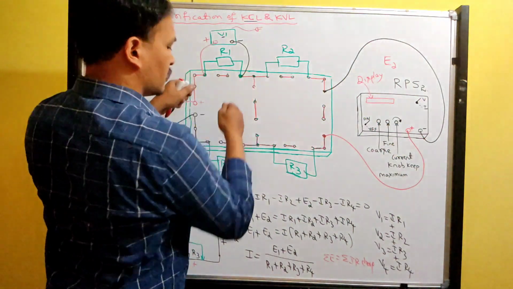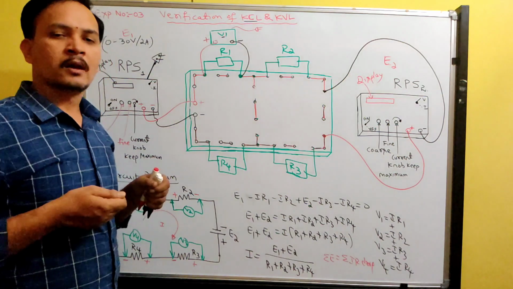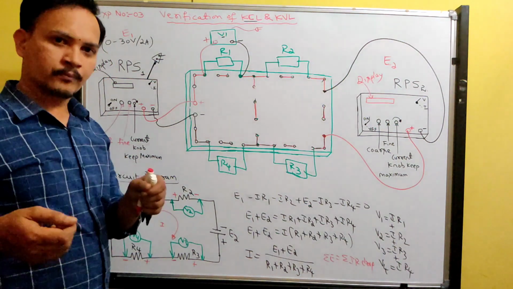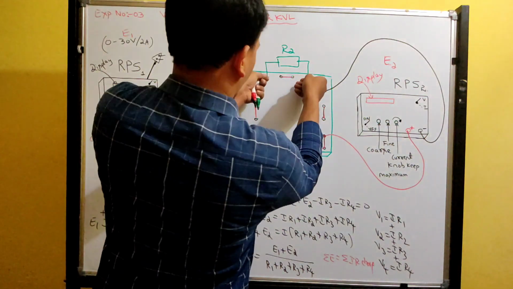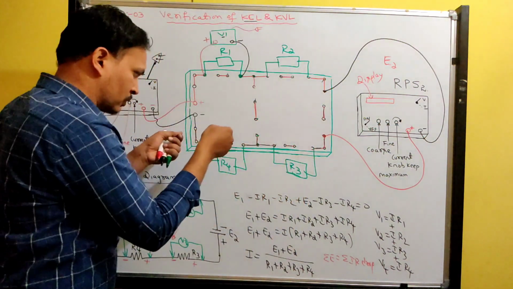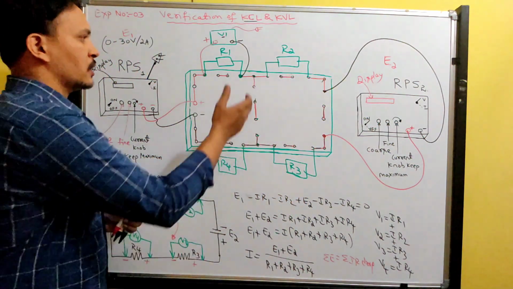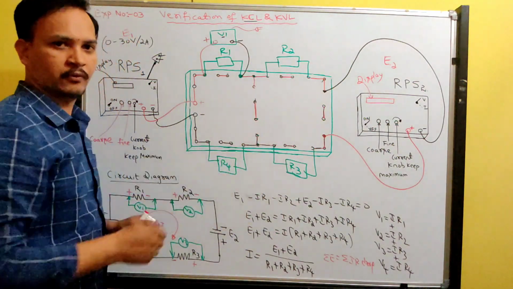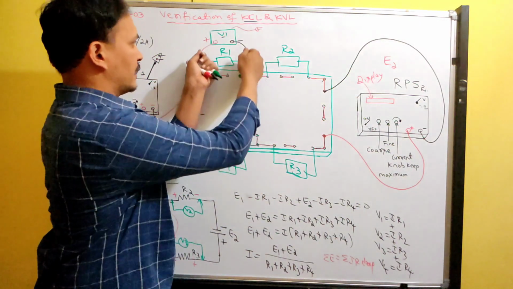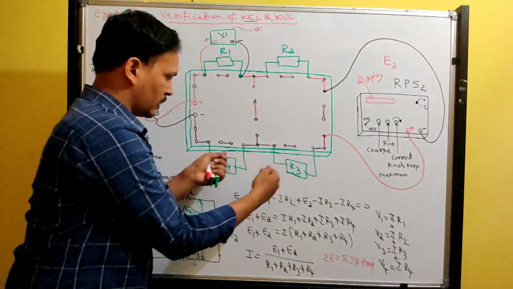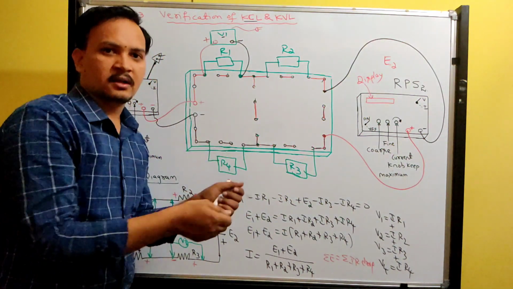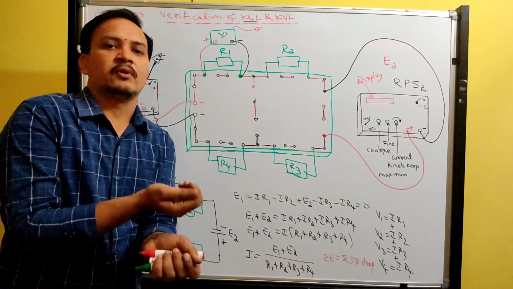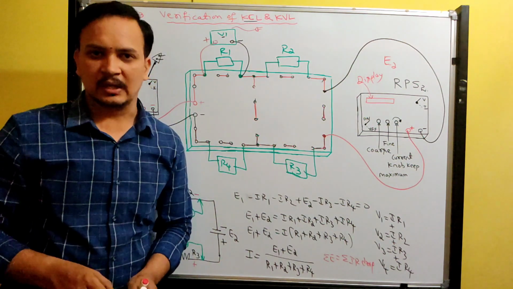Once you measured V1, copy it down in the notebook or booklet, and again remove these two pins and connect them over here, then here, then here. Like that you measure V1, V2, V3, V4 with the same wires. If you get a negative reading while measuring, just interchange the wires. If you interchange the wires, you will get positive readings.